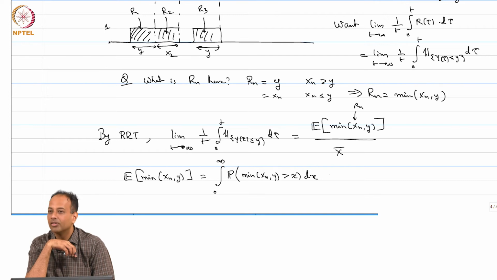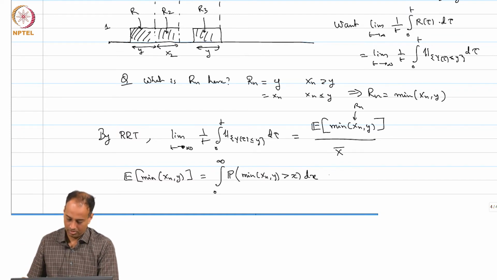Why? For a non-negative random variable, the expected value is the integral of the complementary CDF. So, this is clear.